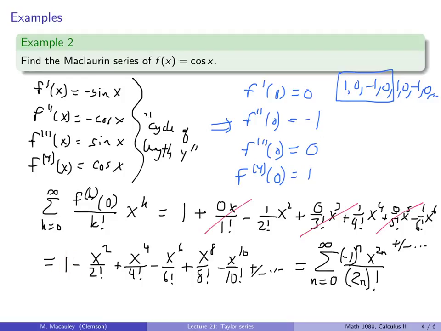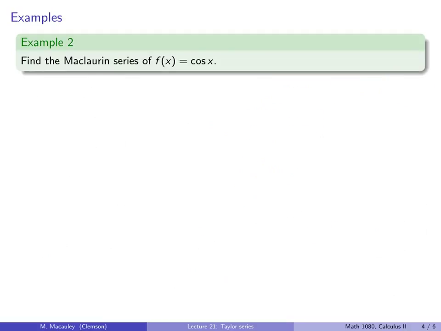If n equals 1, that's negative. Okay, good. n equals 2, I get this term, and that's positive. So there it is. This is the series for cosine of x. Now we still have to ask when it converges. Let me clear that screen.